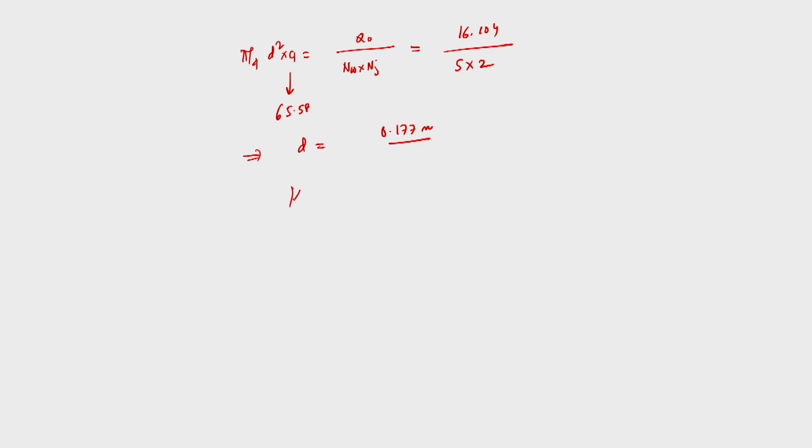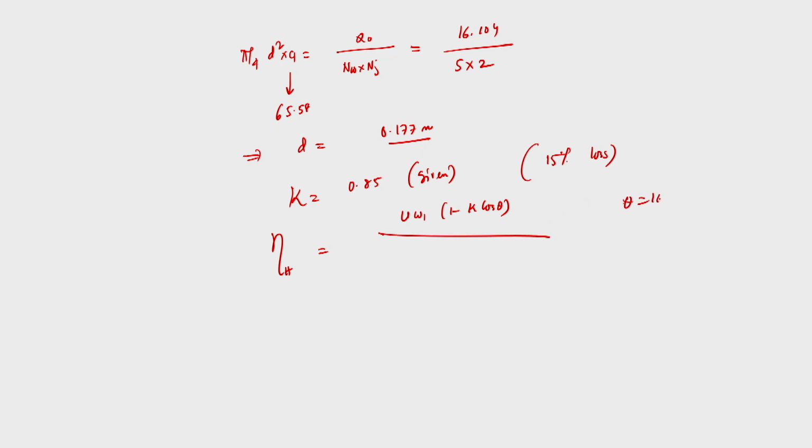So K is given as 15% loss. So that means K is equal to 0.85, that is W2 by W1, 0.85, because of the 15% loss that is given. So eta hydraulic will be equal to U W1 into 1 minus K cos theta, where theta is given as 165 degree, divided by g into 1 by H effective.